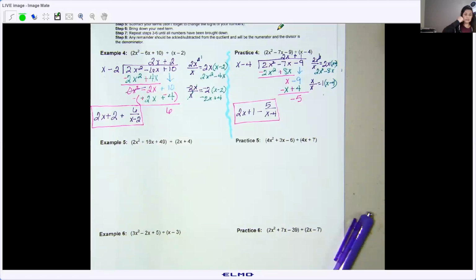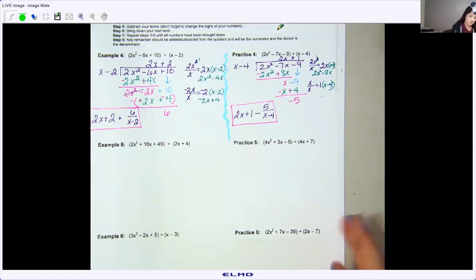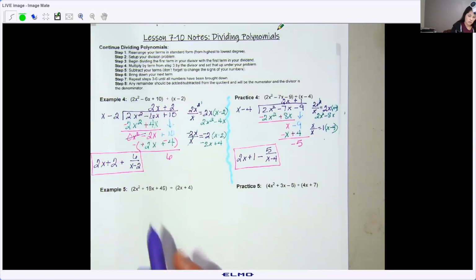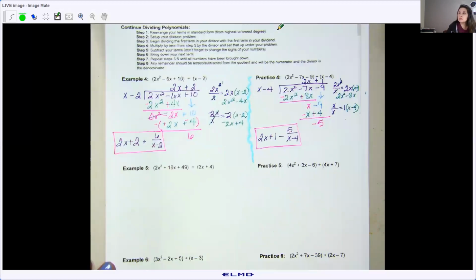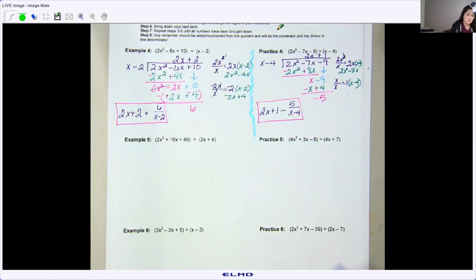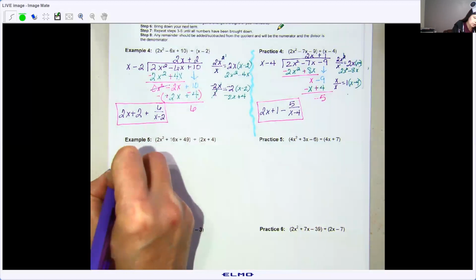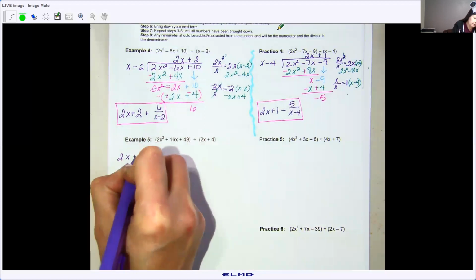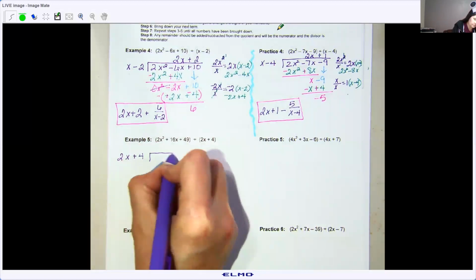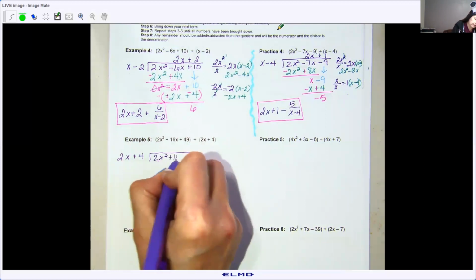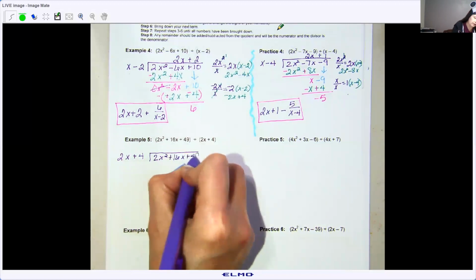Okay, let's go ahead and do this one. This is just a little bit different because your leading coefficient is a 2 instead of just a 1. So we set up our problem, 2x plus 4, and then 2x squared plus 16x plus 49.